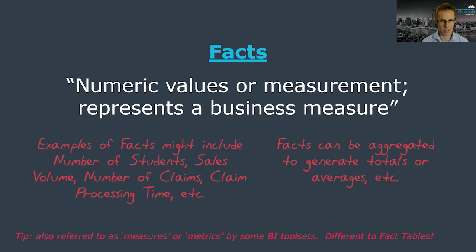Just be mindful that facts are the actual metrics, and they reside in a fact table themselves. So facts, probably quite confusingly, are the fields that are metrics within a fact table.